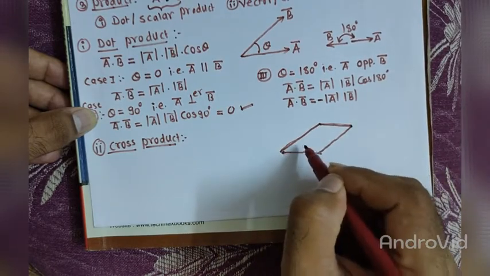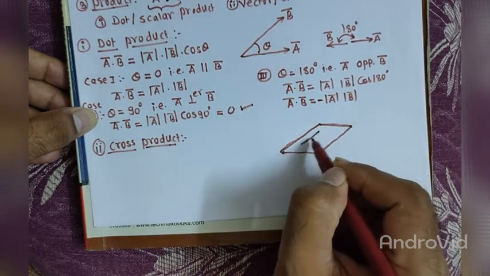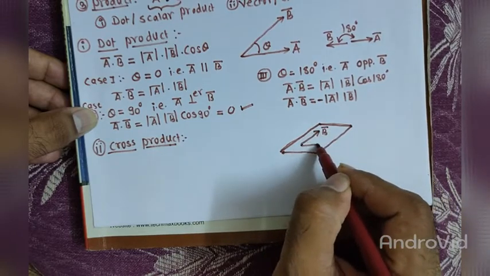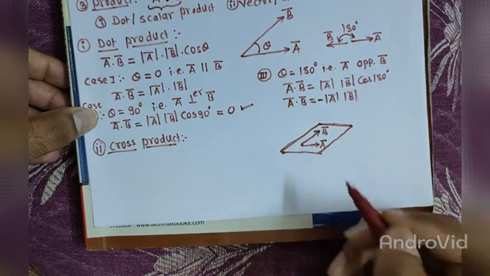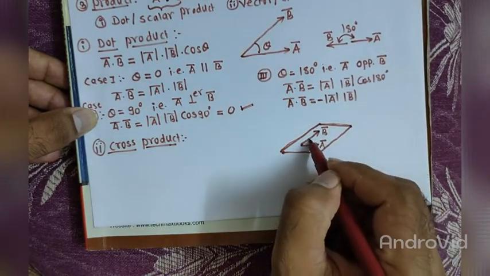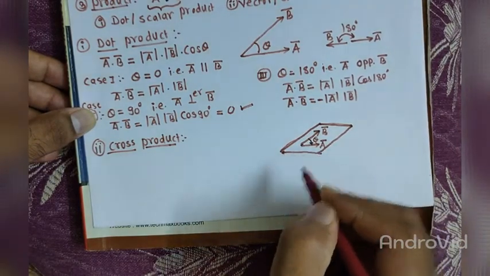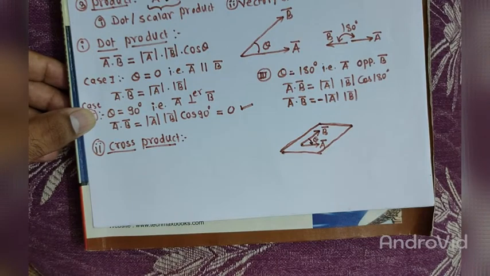Let's say we are having this particular plane. Let this be vector B bar and this be vector A bar, and let theta be the angle between vector A bar and B bar. The angle starts from vector A bar and ends at vector B bar, right?